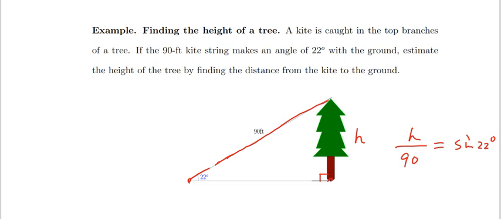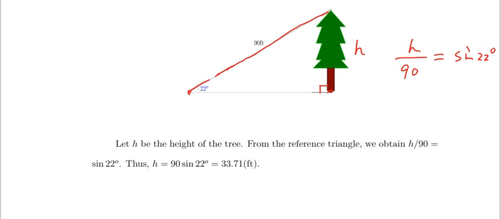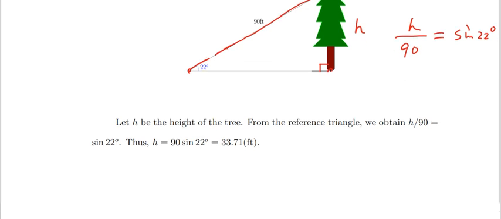Using our calculator, we can easily find sine 22 degrees and multiply by 90. So this is the height of the tree. Okay, those are typical applications for large triangles, finding the height of a tree or a building, just using this way.